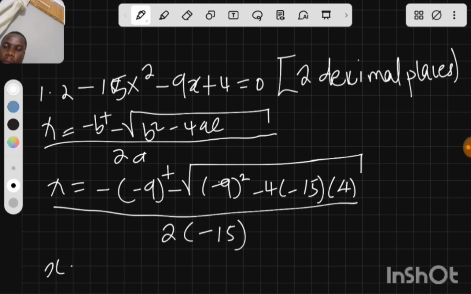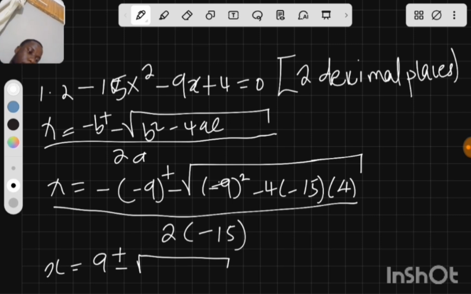Our x will be equal to negative times negative, which is positive 9, plus or minus the square root of how much? Then press the calculator. You say minus 9 squared minus 4 times minus 15 times 4, which is positive 321. Divide the whole statement by 2 times minus 15, which is minus 30.